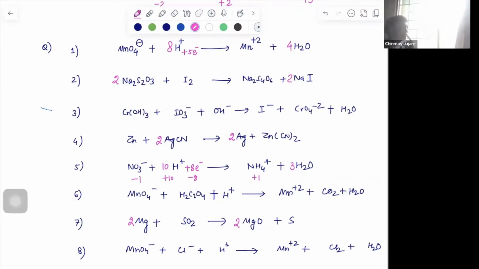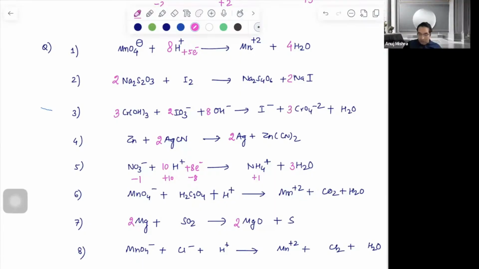It's 3Cr(OH)3, 2IO3 minus, 8OH minus, 3CrO4 2 minus, 2I minus, 6H2O. Okay. Let us check chromium.